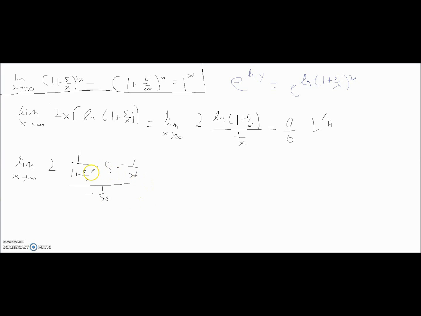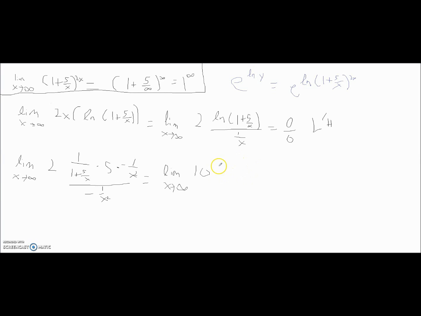And now if we move some stuff around, our negatives, as you notice, will cancel, and we'll multiply our 2 and our 5, and we'll have our 10 out front.